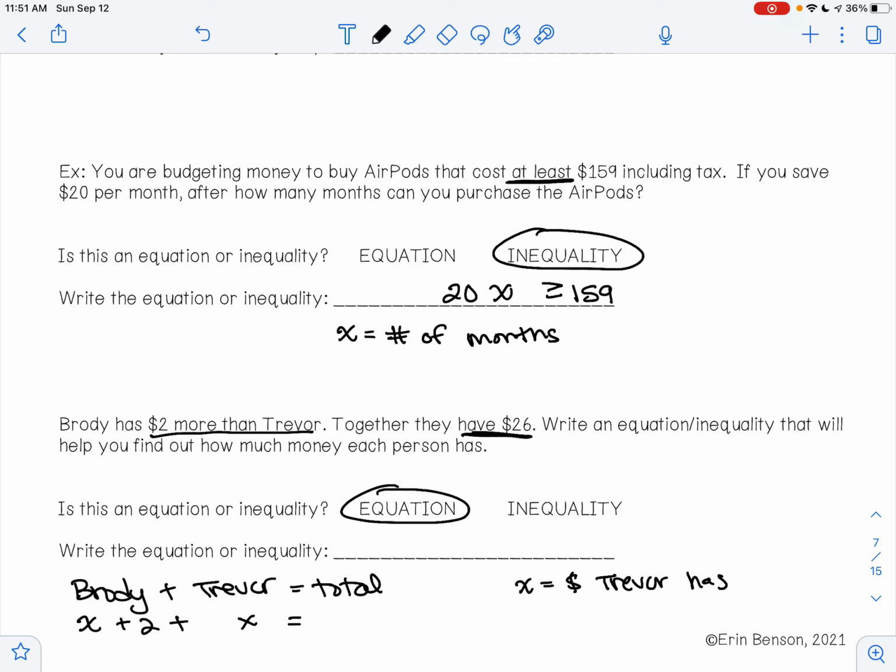And my total is $26. Well, here I have like terms. X plus X is 2X. So 2X plus 2 equals 26. That would be the equation that I would use to solve this.